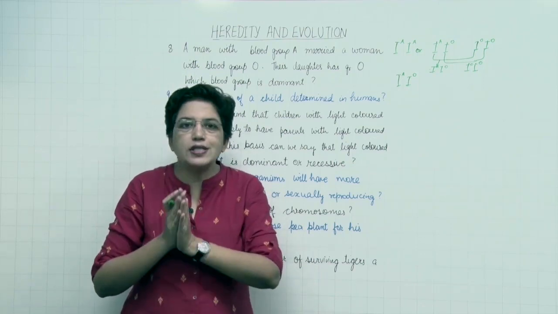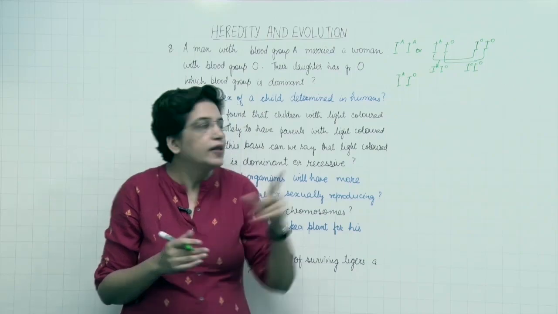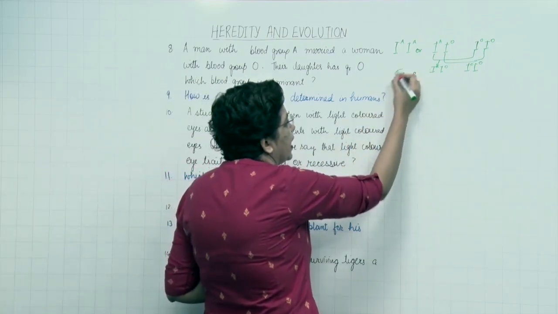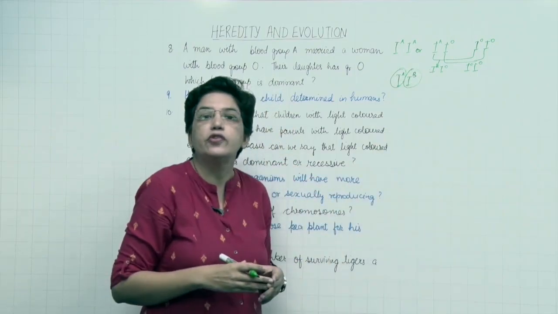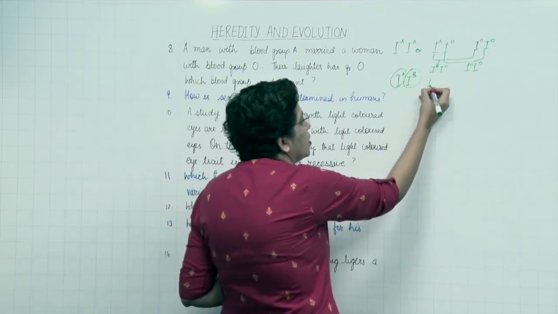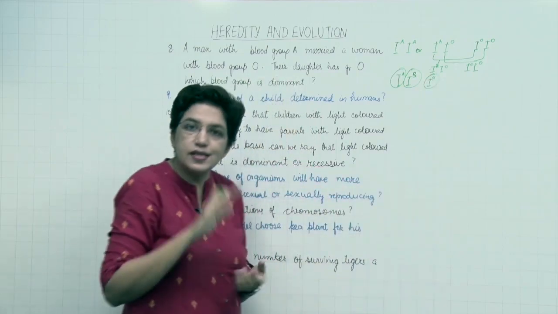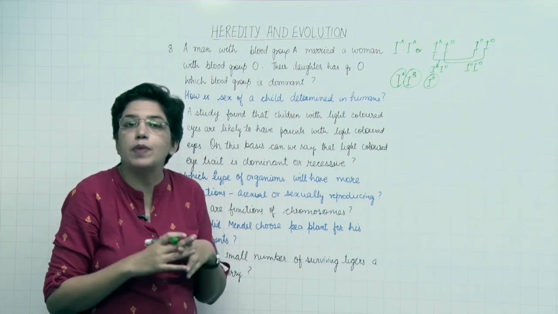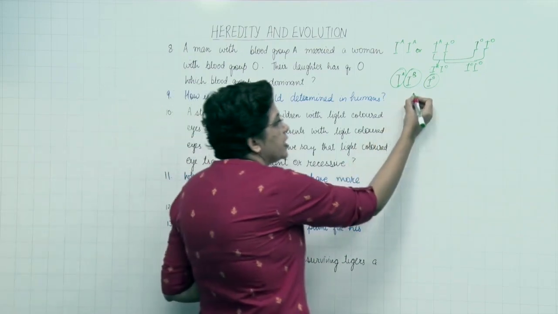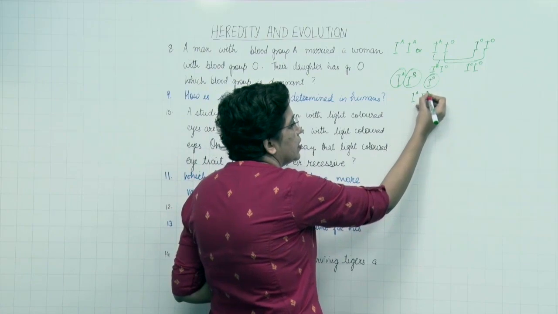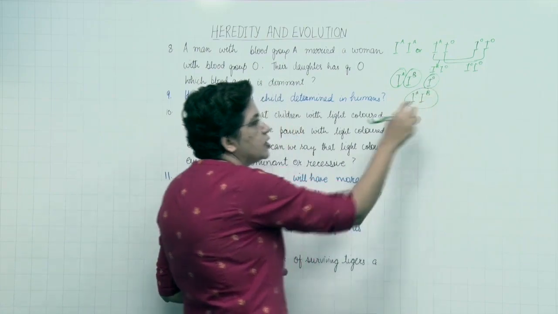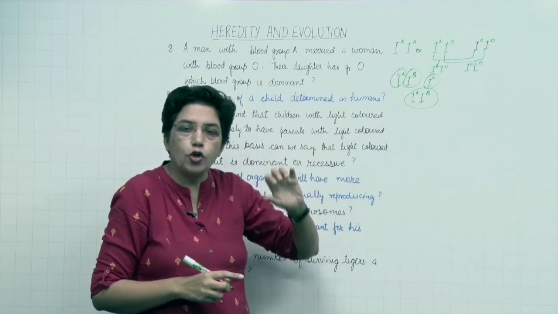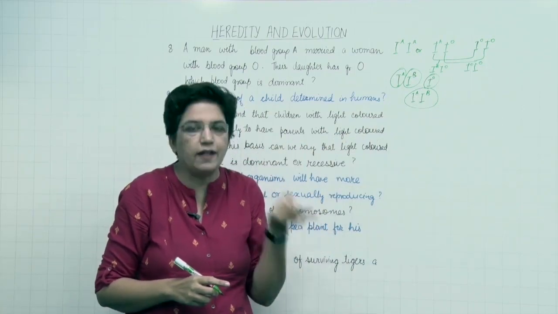But just for the sake of your knowledge, I am telling you that blood group A and blood group B, that is IA and IB, both these traits are dominant, while the O gene is recessive. Okay. So, if a person has blood group AB, that means his genes contain A as well as B. He has this type of chromosomes in which both the dominant genes are present and the dominant gene is able to express itself, you know that.